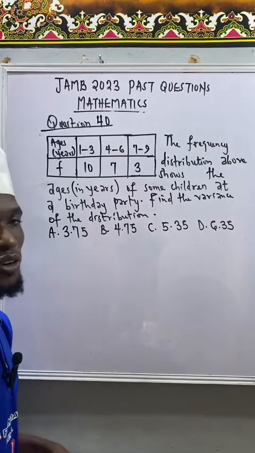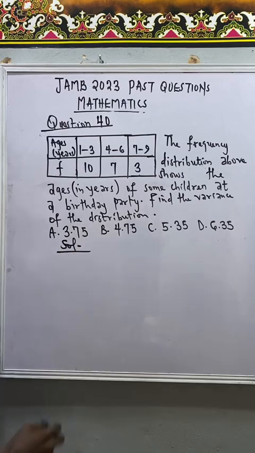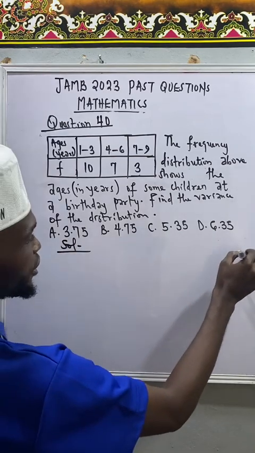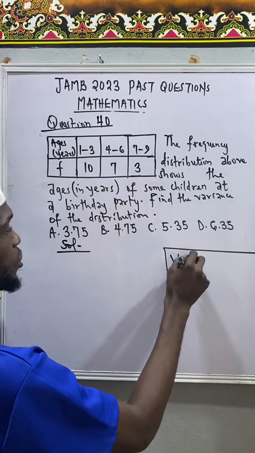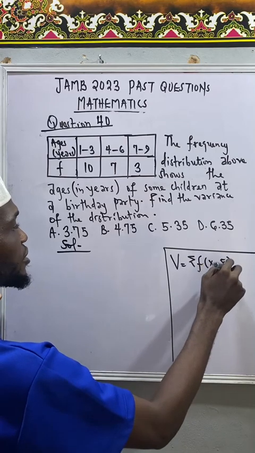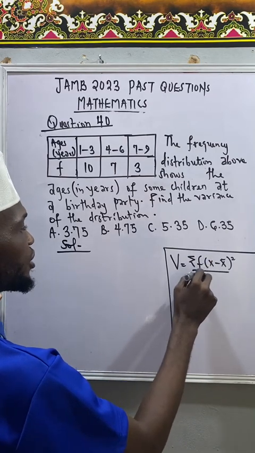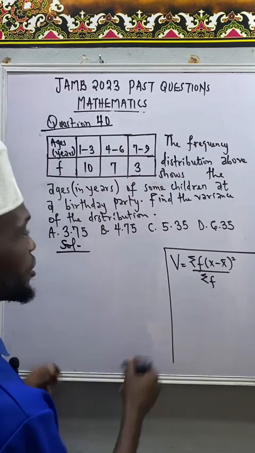Now, for a group frequency distribution, the formula for the variance is V equals sigma f bracket x minus bar x all squared, all over sigma f, where sigma stands for summation sign.